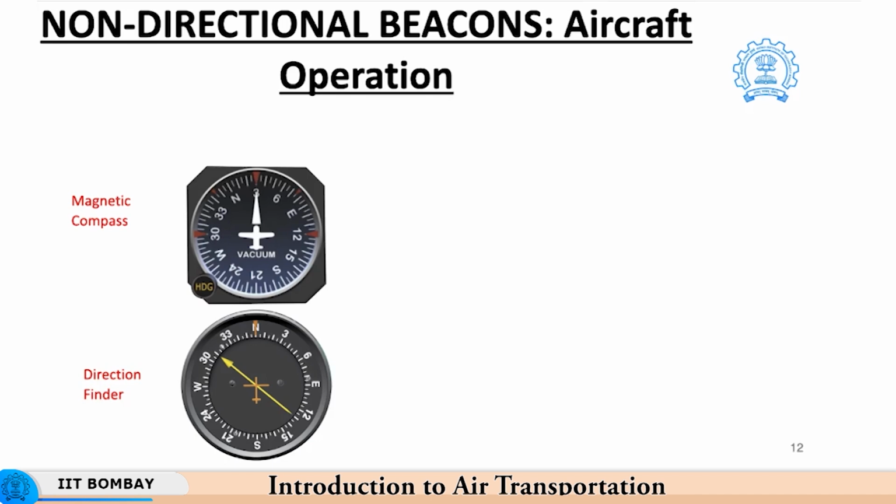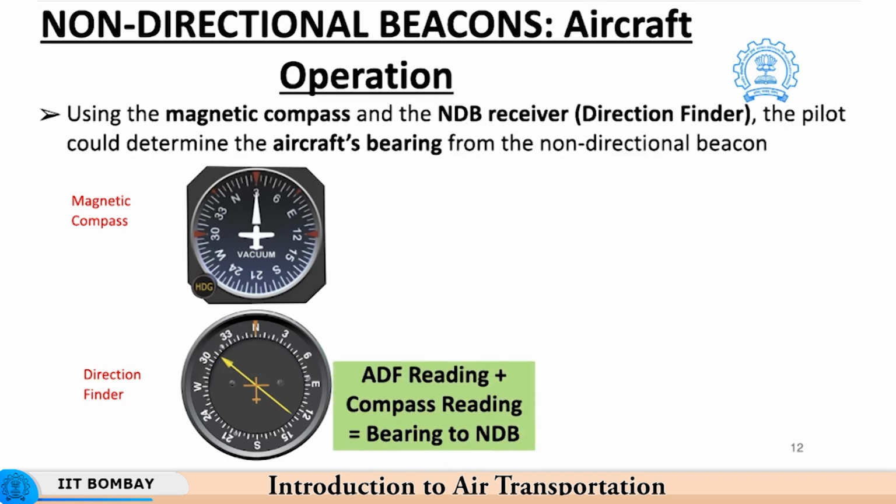So, using these two instruments, that is the magnetic compass and the direction finder instrument, we can calculate the relative bearing that the aircraft is flying with respect to the navigation aid, that is the NDB station. Let us understand this with an example. In this, let us assume that NDB is located at this particular location and the aircraft is at a particular location as described in this figure.